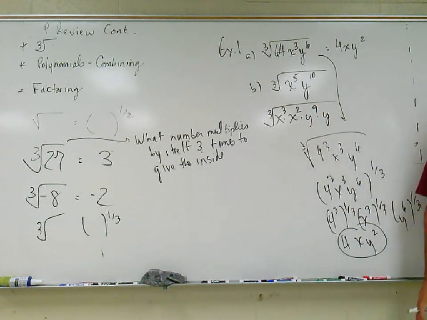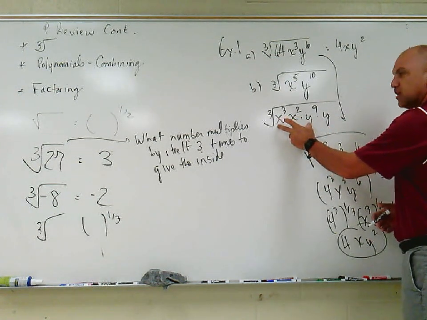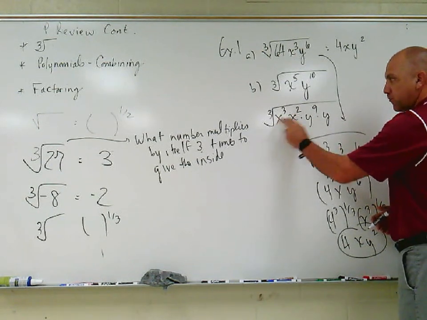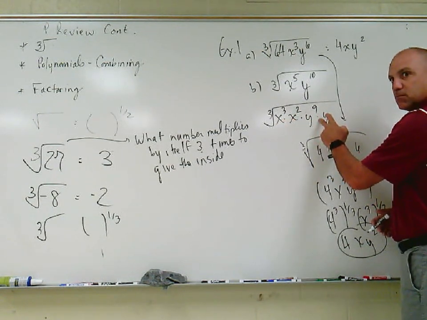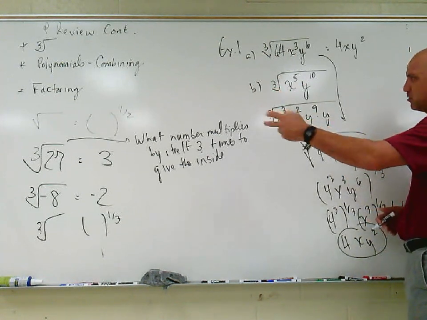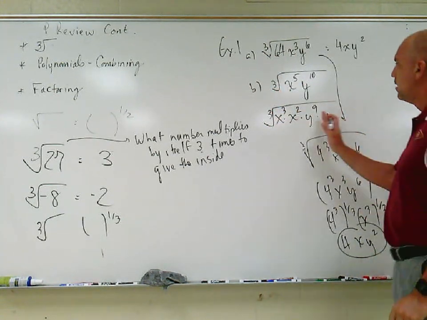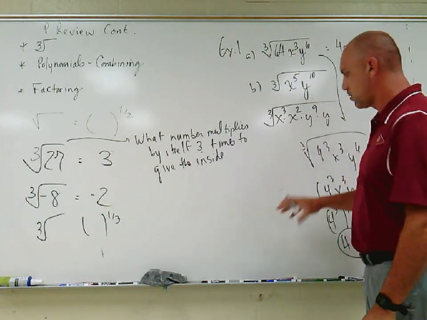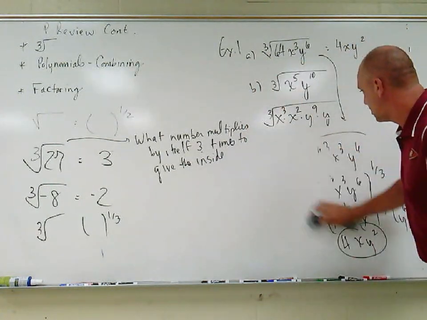And we know not everything always moves out of a radical, right? Some things have to stay inside. So now the ones that are divisible by 3, I'll move those to the front. These two are going to stay in because it'd be like to the 2/3, and we don't want to do that. So we'll leave the x squared and y in. The ones that are divisible by 3, I'll move to the front. Let me erase this here.